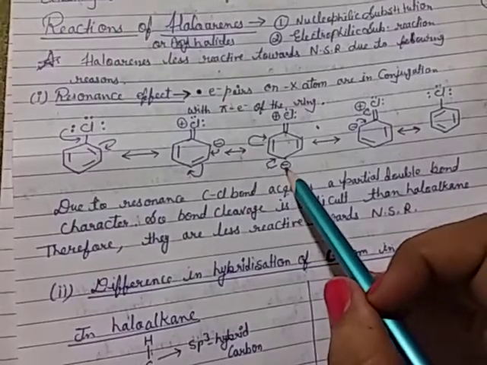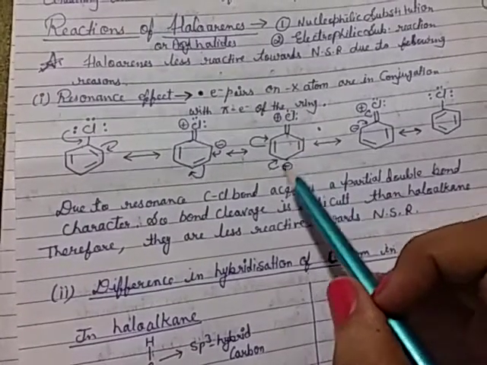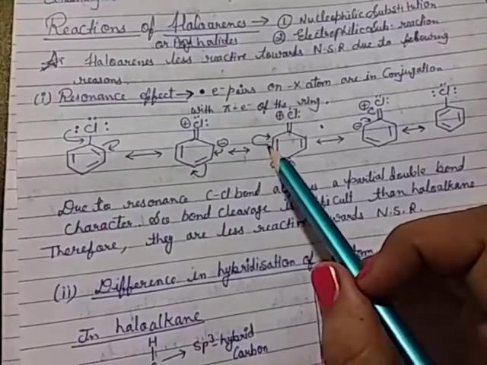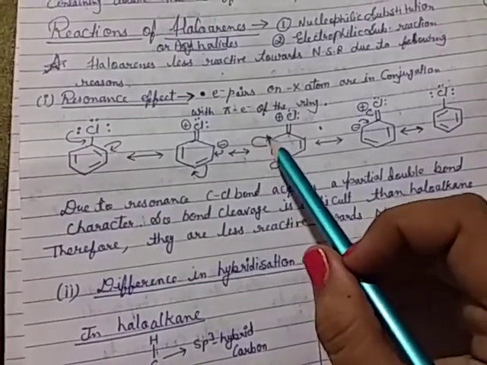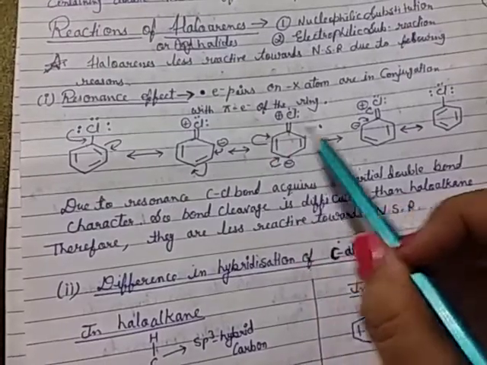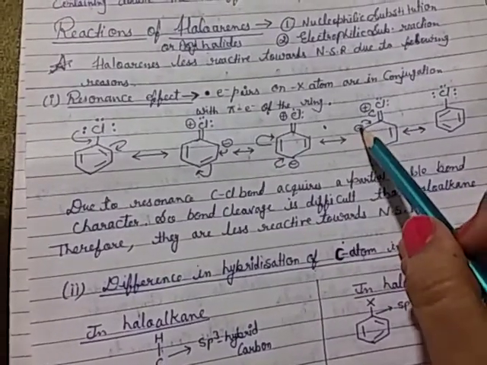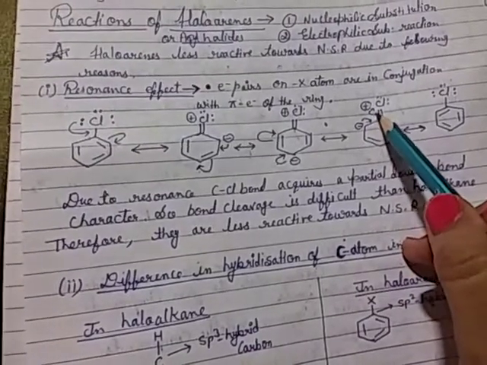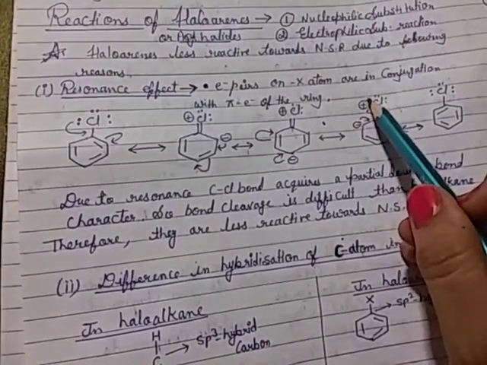Before that, the double bond transfers to the para position, so there is a negative charge on para and a new bond is formed here. The negative charge moves forward, with the double bond shifting again, and finally the double bond goes to the Cl.